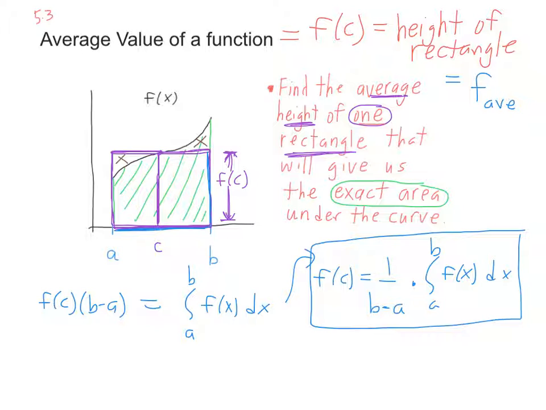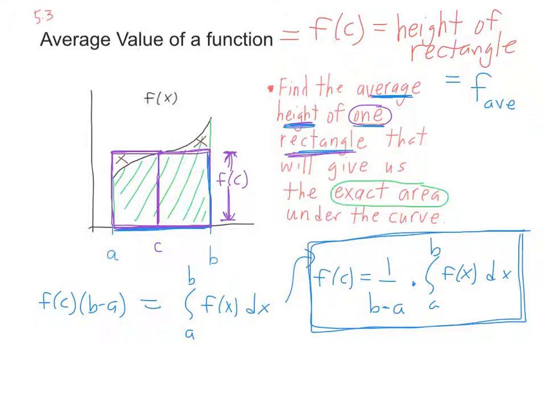Usually we see f and then AVE for our notation. You just need to know that this is the formula for finding the average value of a function. So where does this notion of average come in? It's an average height of just a single rectangle that would give us that exact area under the curve.